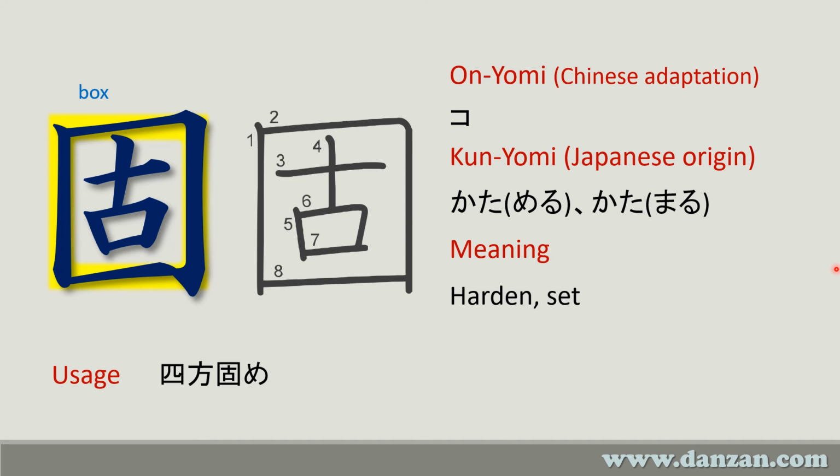And one of the usages of this particular kanji is in this familiar technique, shiho gatame. And here we use the g sound instead of the ka sound, shiho gatame.